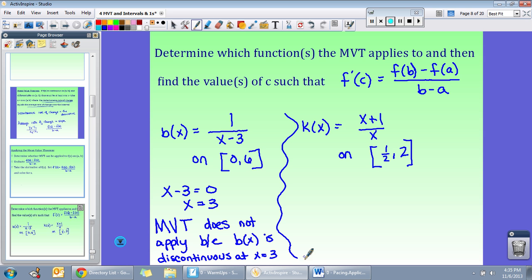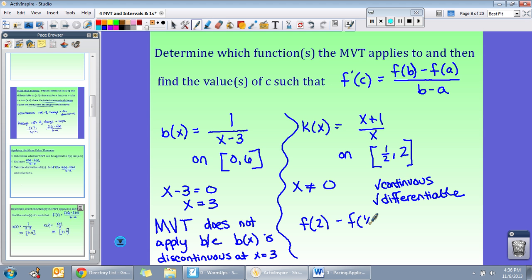Now let's look at k of x. K of x is discontinuous at 0. However, that's not on the interval, so it works that it is continuous and it is differentiable. Now we need to evaluate the average rate of change. So I'm going to evaluate f of 2 and f of 1/2 and put that over 2 minus 1/2.